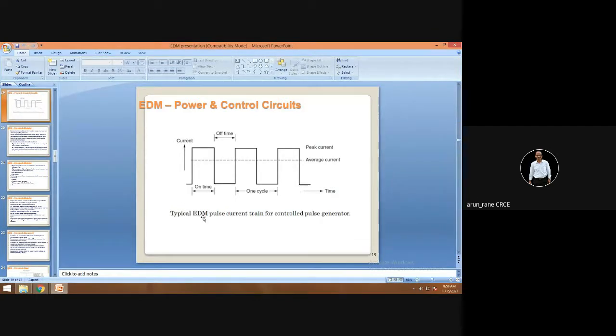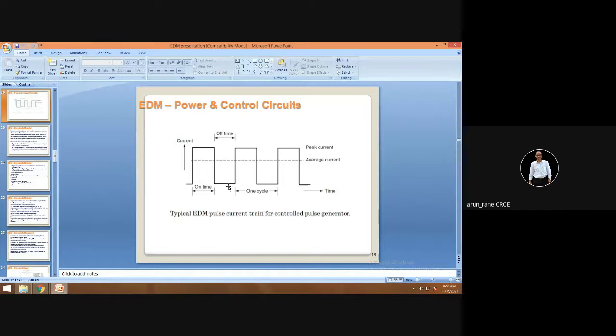So in on time the machining will happen, and in off time the electrode will be lifted up, and because of the pressure of the dielectric the sludge will be removed. So sludge will be discharged and it will move up. So the more the on time, the more the machining. But then what happens if on time is more and off time is less?